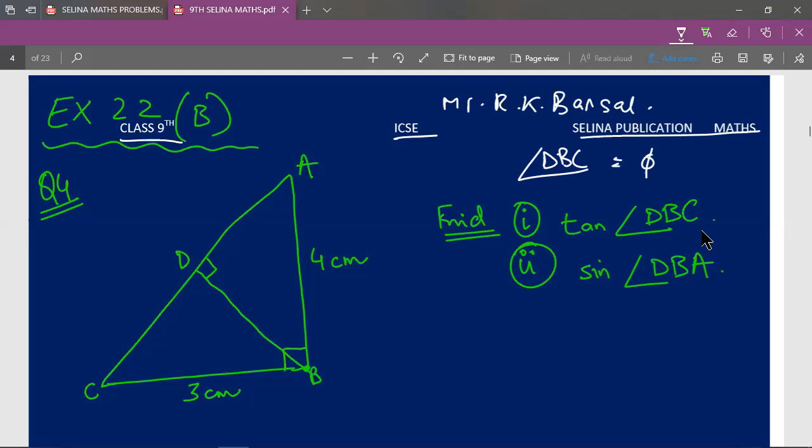It's a symbol; we are not going into that topic now. So phi is equal to angle DBC, and the question asks for tan phi.